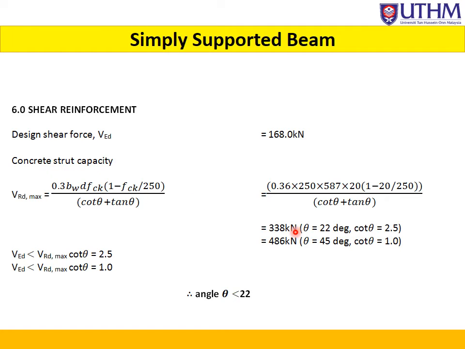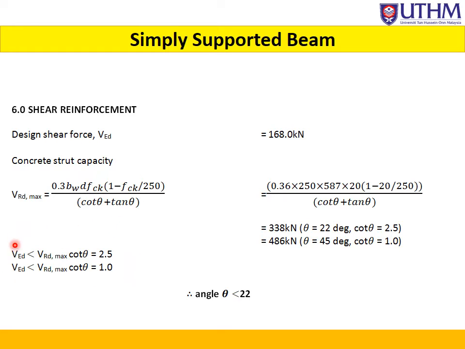We get VRD max 338 kilonewton for angle 22 degree, where cotangent theta is 2.5. Another value is 486 kilonewton for angle 45 degree, with cotangent 45 being 1.